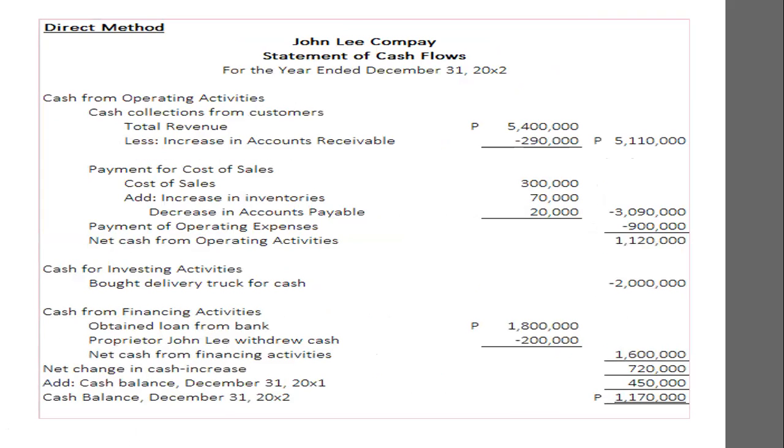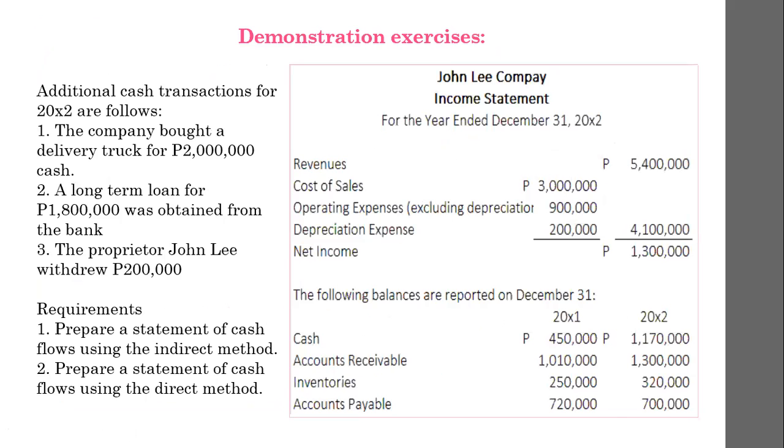Si direct method po ay nag-start sa pinaka income statement, sa revenues. Nag-start siya sa revenues, then etc. kung ano man yung ililes. Okay, sa revenues siya nag-start. Si indirect po, nag-start siya sa net income. Okay? So, paano nyo malalaman?